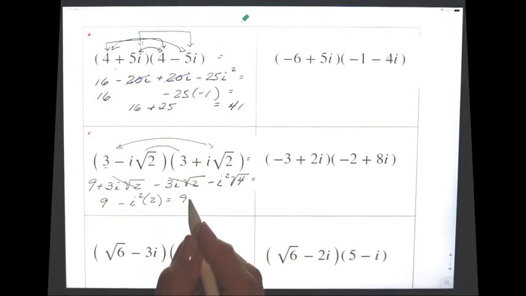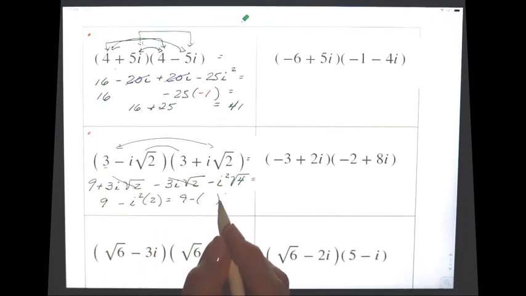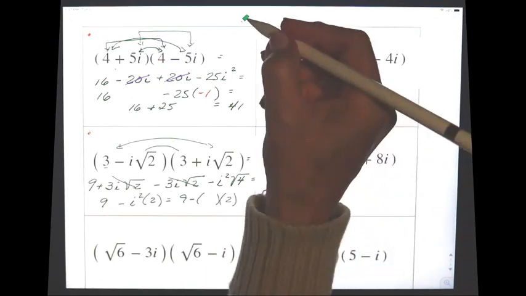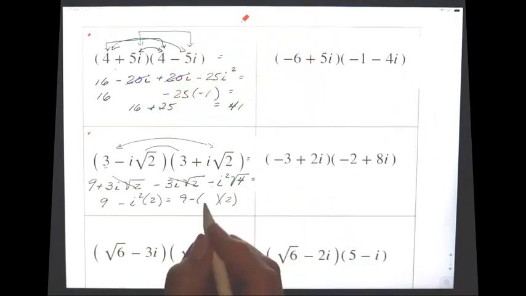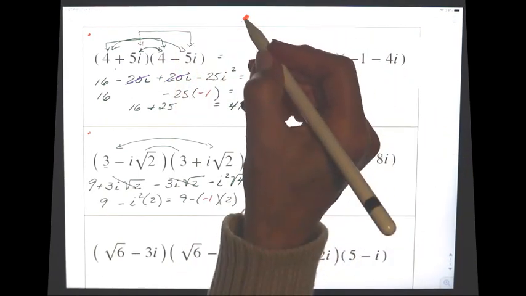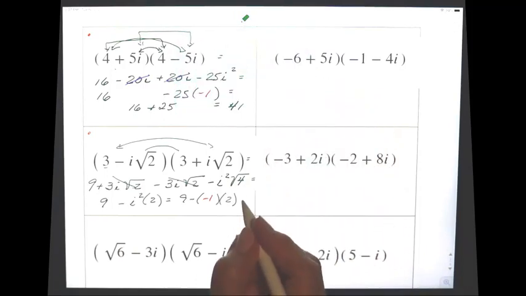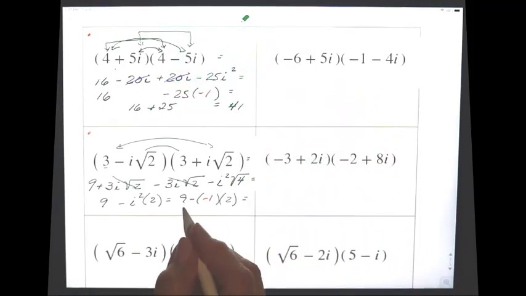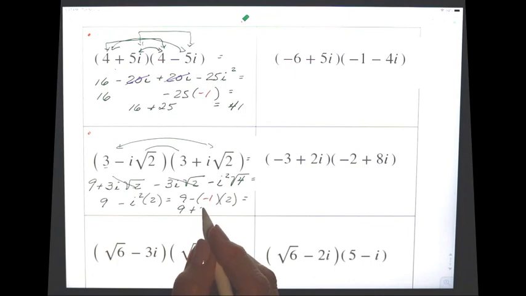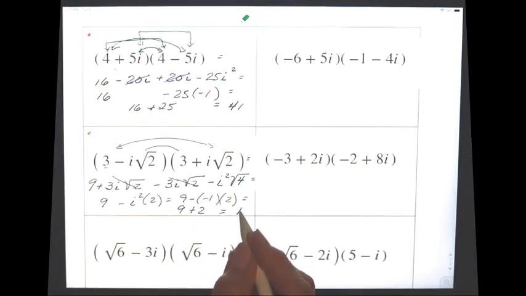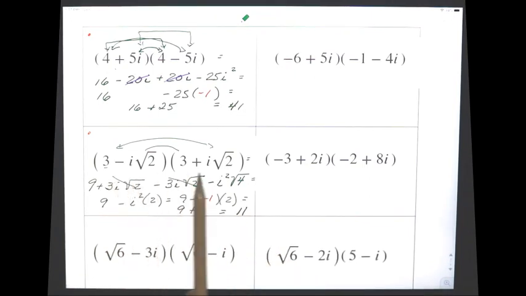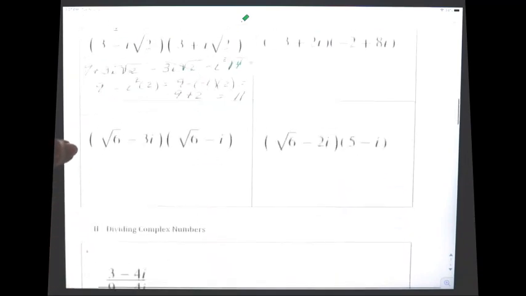And remember, the i squared has to be replaced with negative 1. So when I finish doing the arithmetic on this one, it looks like I have 9 plus 2 equals 11. So again, when you multiply these complex conjugates, same numbers, opposite signs, you end up with a real number result. So that's using FOIL.